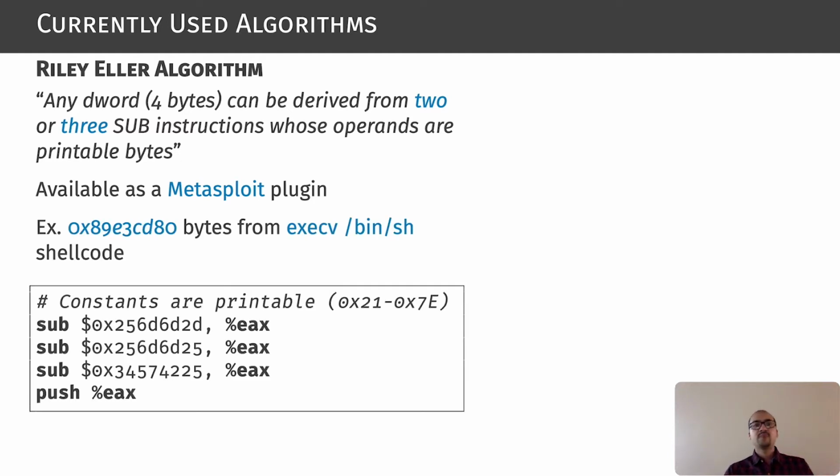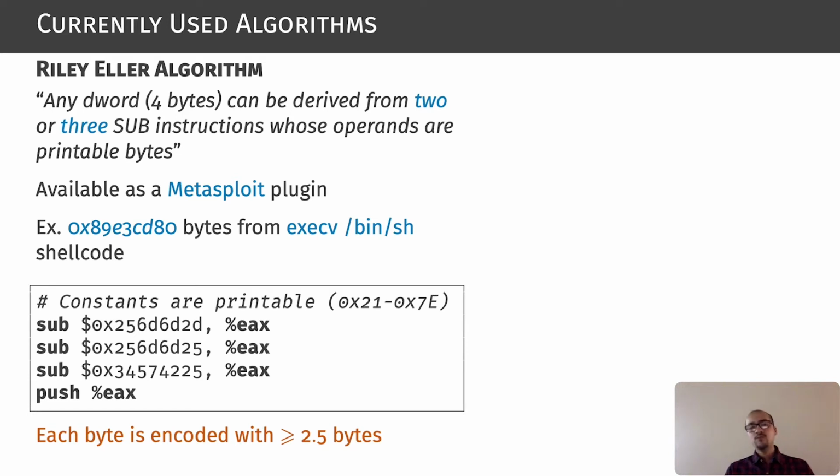Taking an example byte sequence from this classic shellcode, the code below shows the actual output by Riley Eller's algorithm. As you can see, each and every constant here is within this printable range.